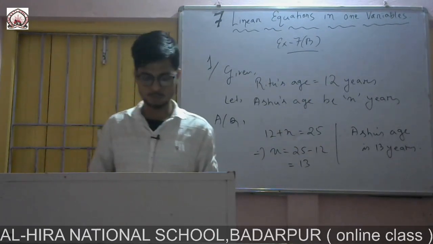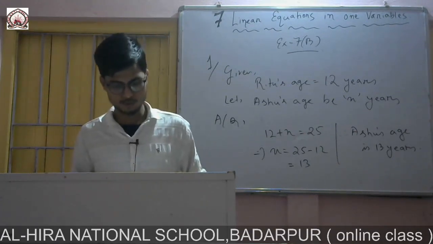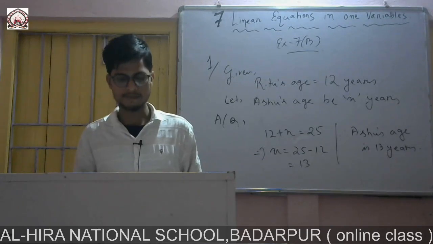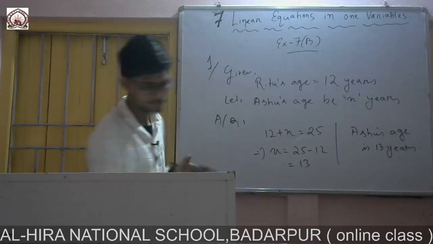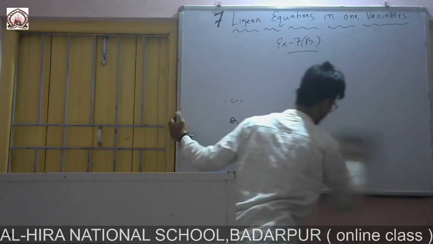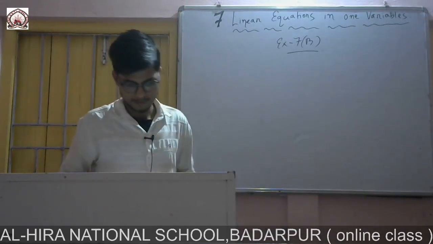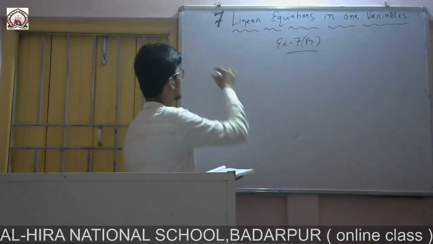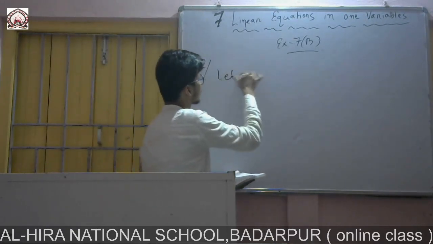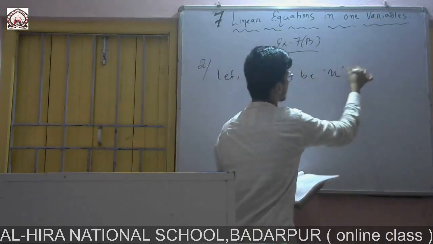So question number 2, you see, a number decreased by 4 is equal to minus 6. Find the value. So you write, let the number be x.